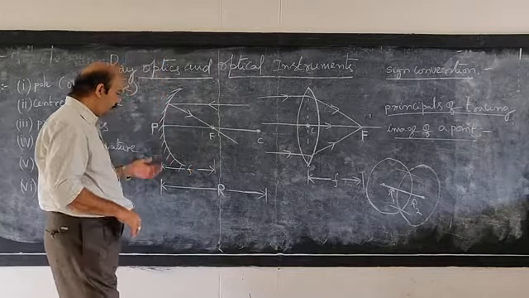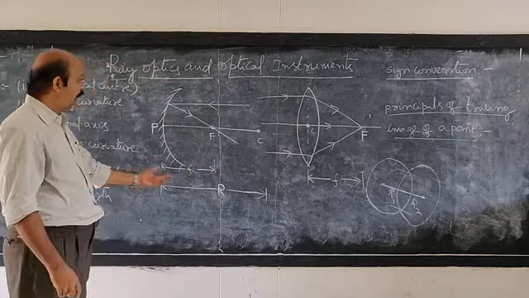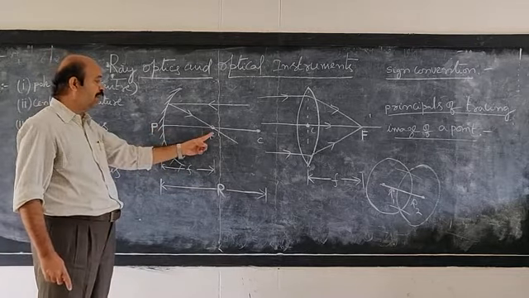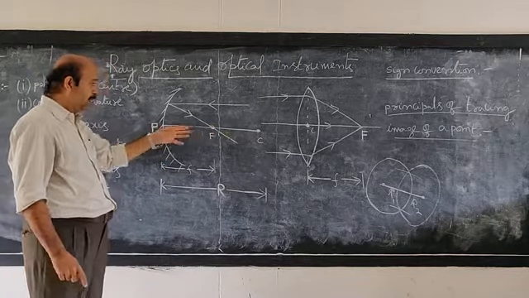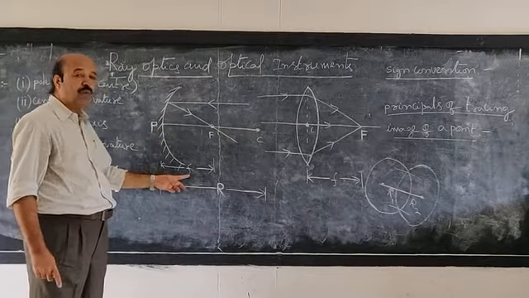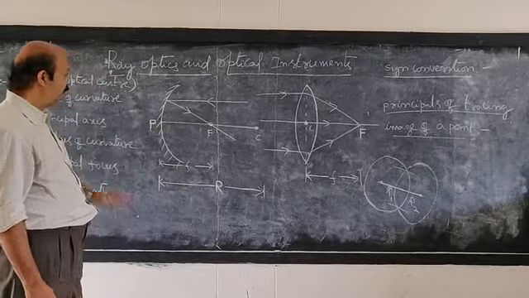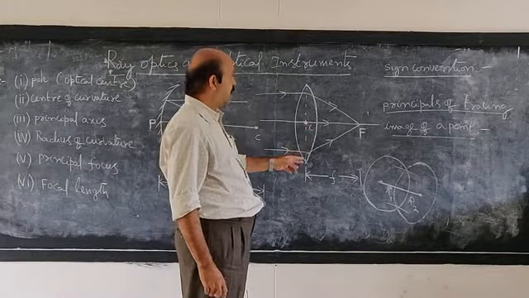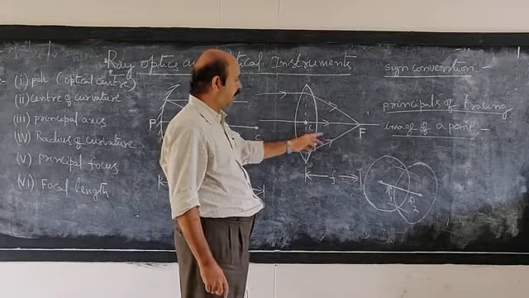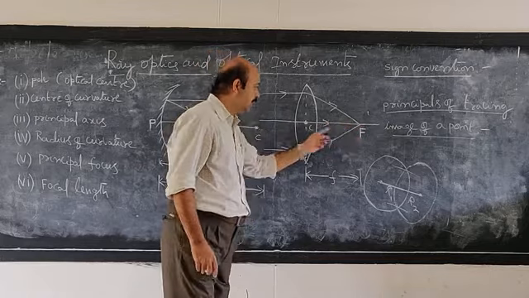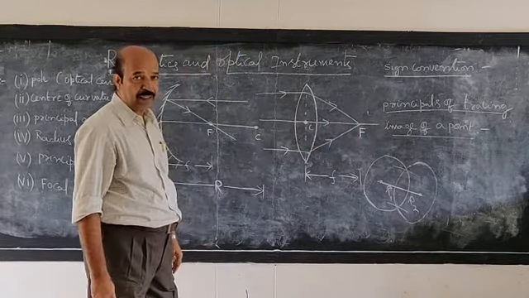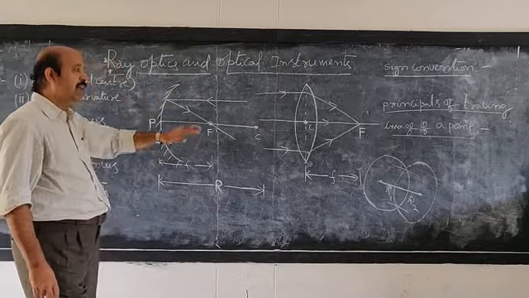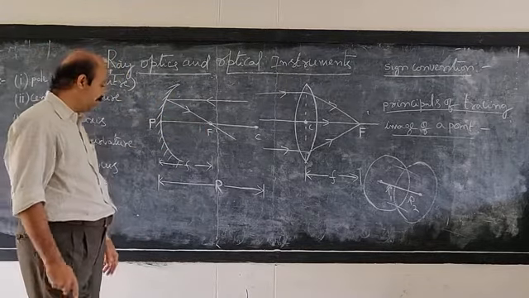Now another term is focal length. The distance from the pole to the principal focus of the mirror is called the focal length. That is how we define it. Here also, from the center of the lens, or from the optical center, to the focus, the distance is known as the focal length. Similarly, we can define it in the case of a convex mirror and also a concave lens.